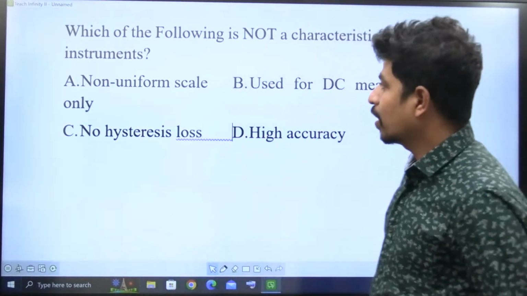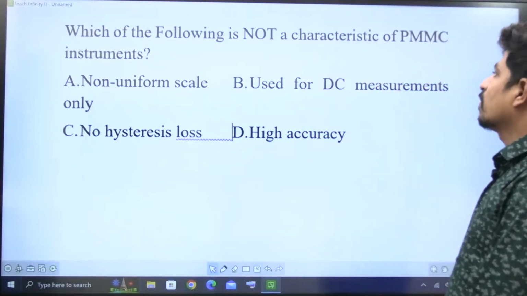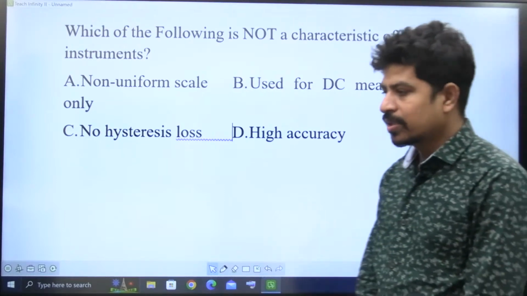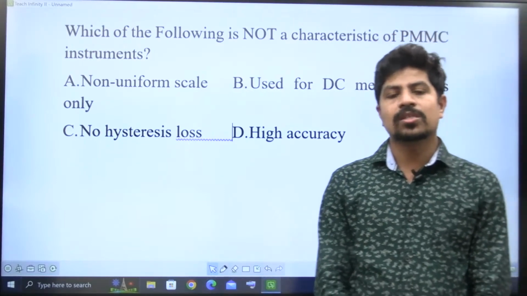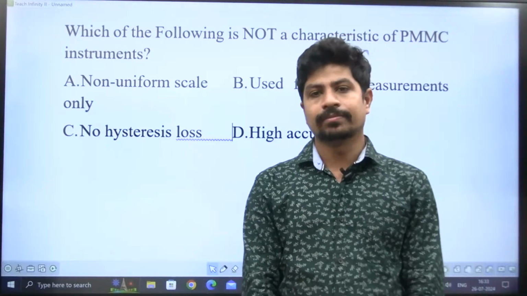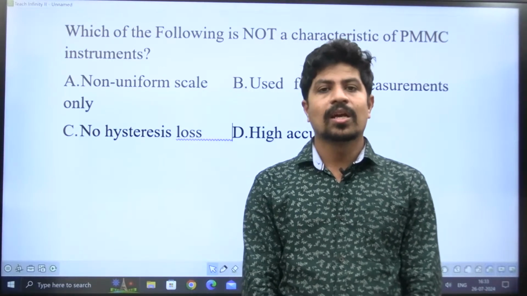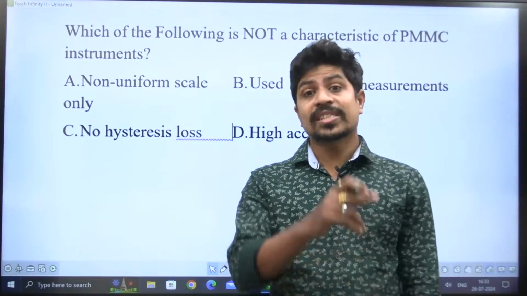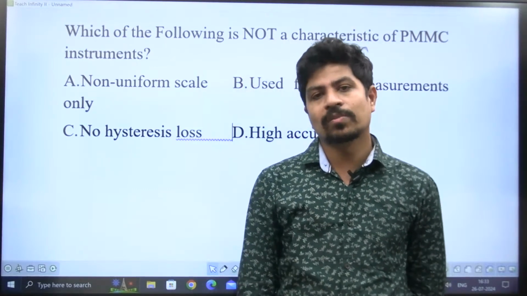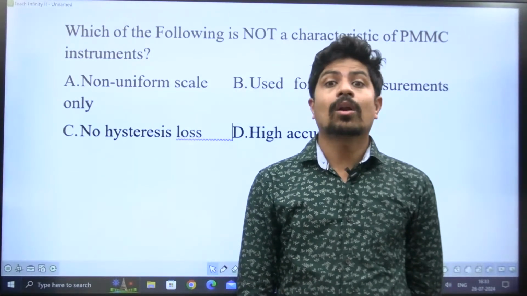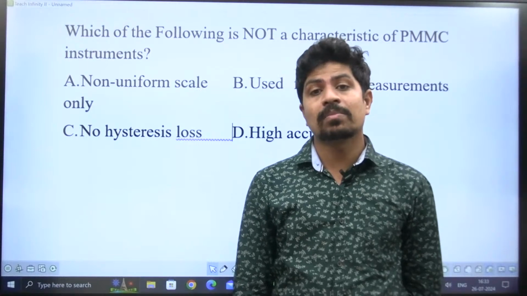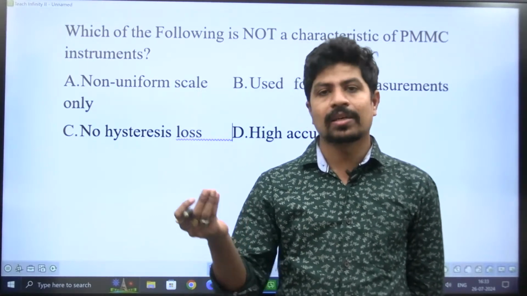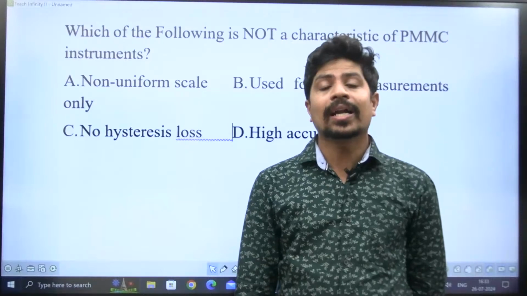What is the first question? Which of the following is not a characteristic of a PMMC instrument? First of all, PMMC is used for the measurement of only DC, and its scale is a linear scale. The torque to weight ratio is very high in PMMC compared to all instruments, and eddy current damping is used.